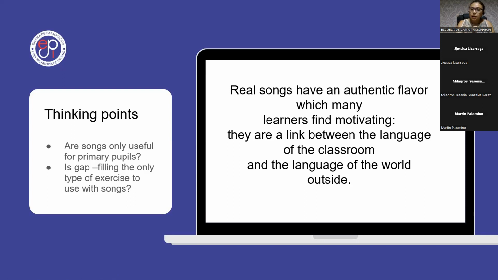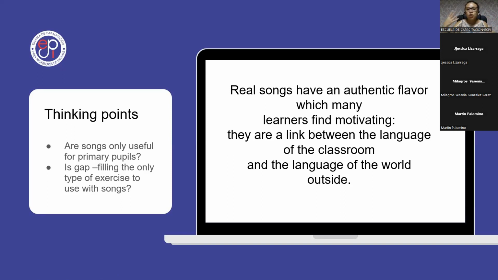They are a link between the language of the classroom and the language of the world outside. And also with this, with the real songs, you give power to your students. Imagine that you in your class have one song from Adele, maybe the one Hello. Yes, that is very common.